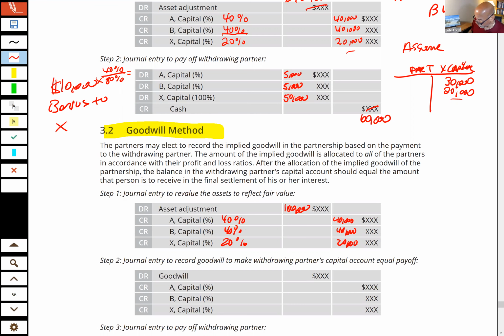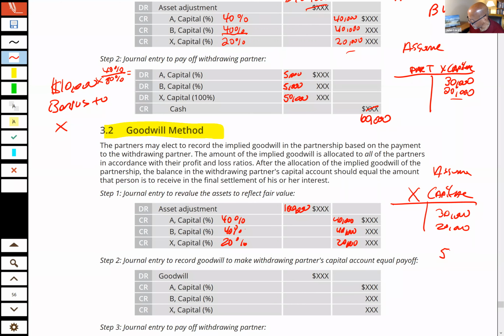So right now, I'm going to assume that X capital had what? 30,000. We just sat there and credited it 20.